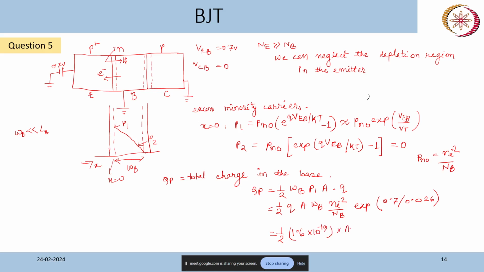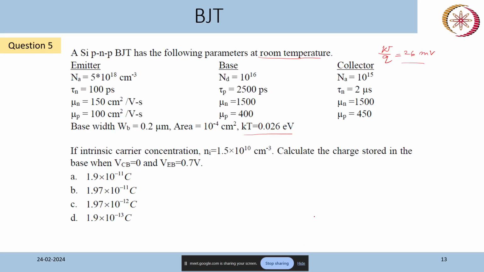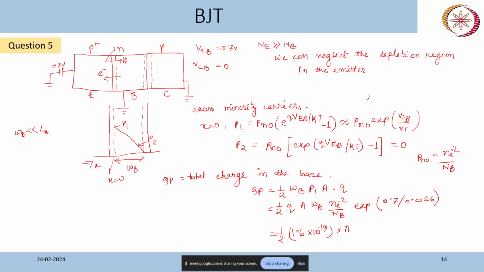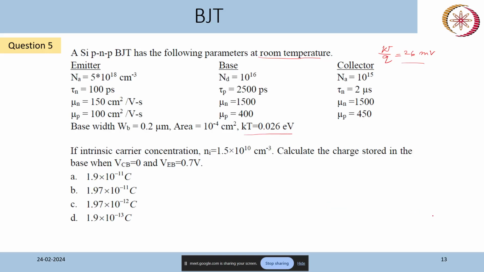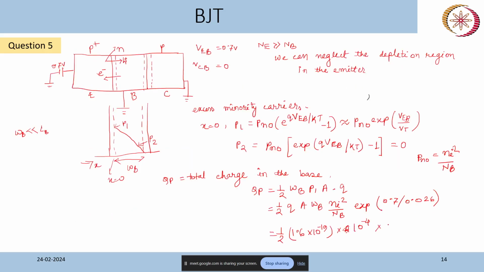Area is given as what is given as area? 10 to the power minus 4 centimeter square. WB is given as 0.2 micrometer. Okay. 0.2 into 10 to the power minus 4.